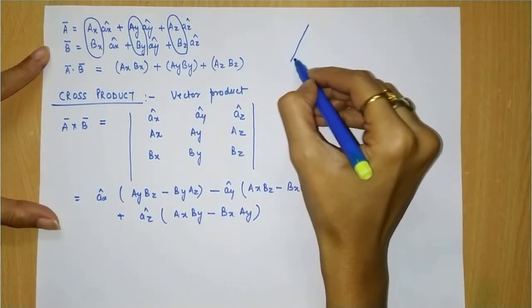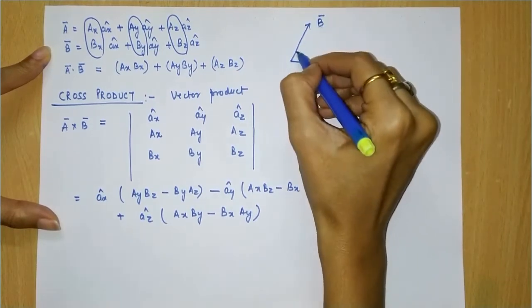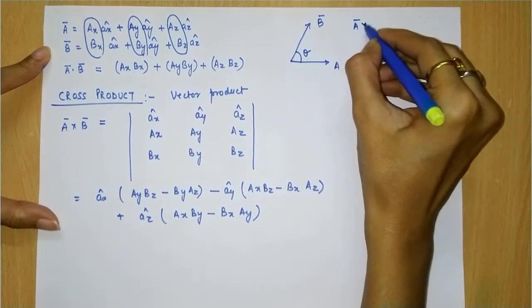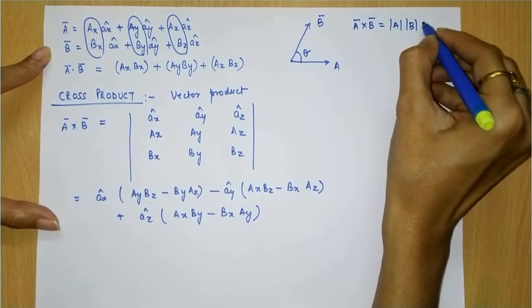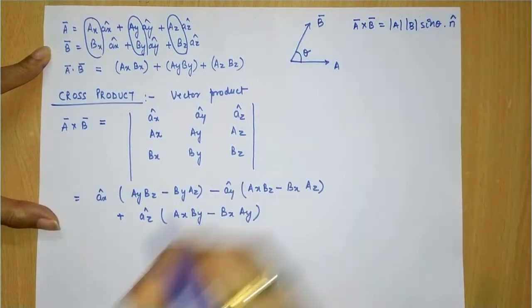Suppose we have two vectors, vector A and vector B, and the angle between them is theta. Then A cross B is equal to mod A mod B sine theta into n cap.